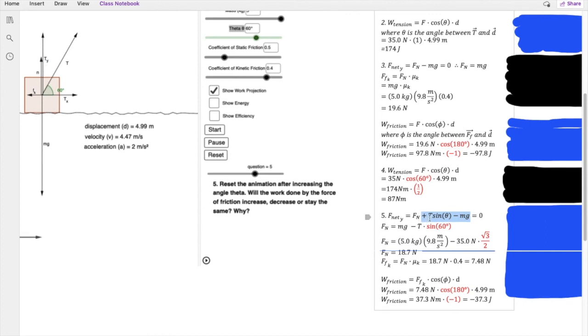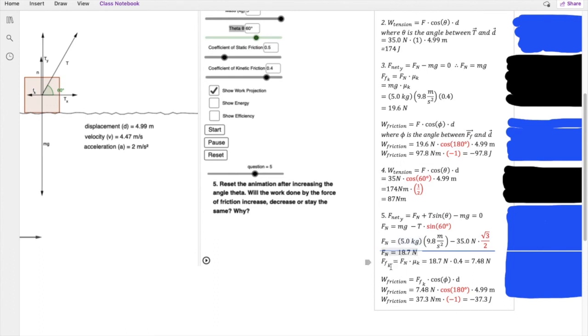The normal force and the y component of the force of tension minus mg. All that together is going to equal 0 because the block is neither accelerating into the air or through the ground. Rearranging and solving for the normal force, where our angle is now 60 degrees. Substituting our values, we end up with a normal force of 18.7 newtons.